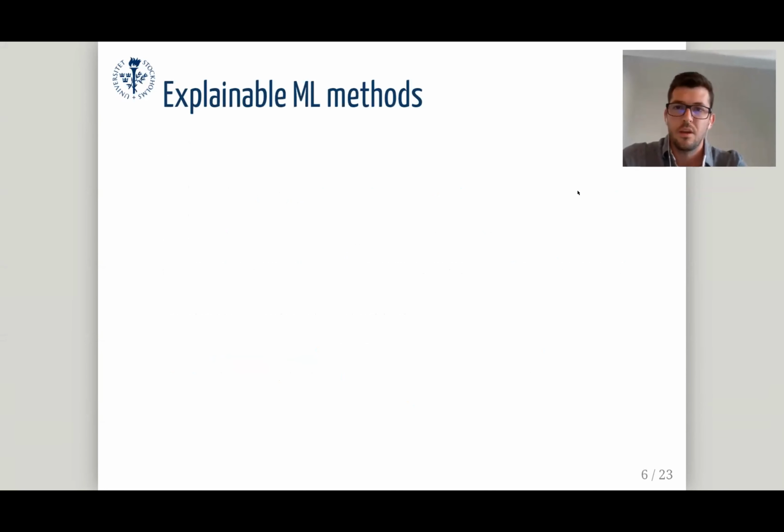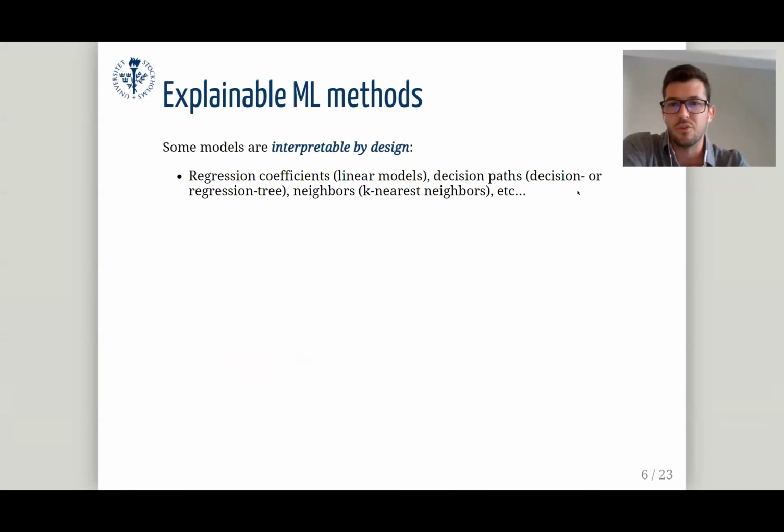For the explainable machine learning methods, we have some models that are interpretable by design, so they might not need explainable methods to aid them. For example, for linear models, you can look at the regression coefficients, and you can look at decision paths in decision trees, and so on. But there are other models that may have more complex designs.